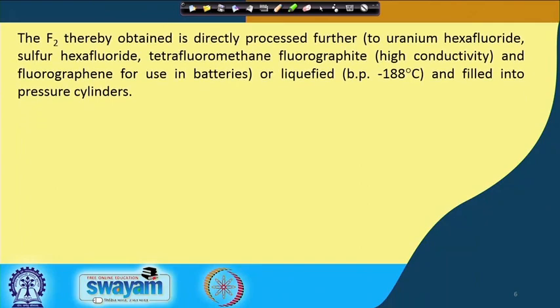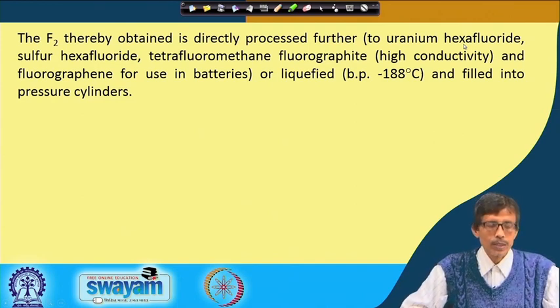So, the idea is very simple: how you get this, and when you get it, we get fluorine, and the fluorine obtained is directly processed further. Once you get the fluorine from the electrolysis cell, you can utilize it for making uranium hexafluoride.